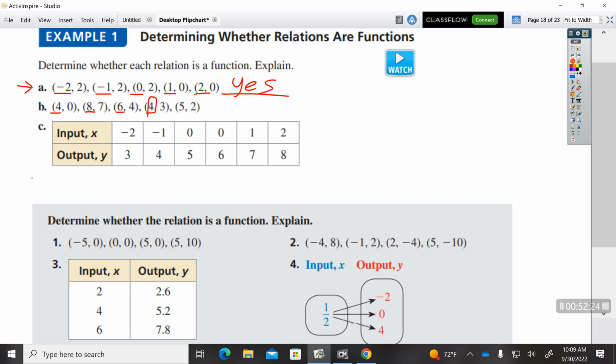I'm going to stop right there and put a big old no. How come that's not a function? Because the x value repeated, 2 4s. If one's 4 and one's -4, you're still good because that's not the same value. But a 4 and a 4, done. So no. You with me? Which means this table is also a no because it says 0 twice on the x value. X can't repeat. Y value, no problem if it repeats. X value, that's a problem. Can't repeat.